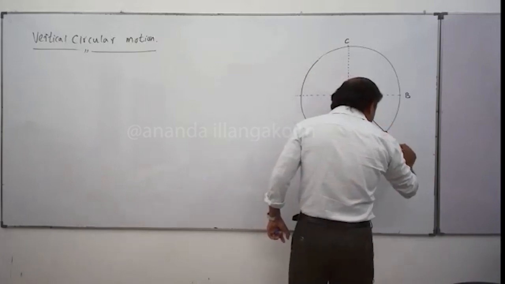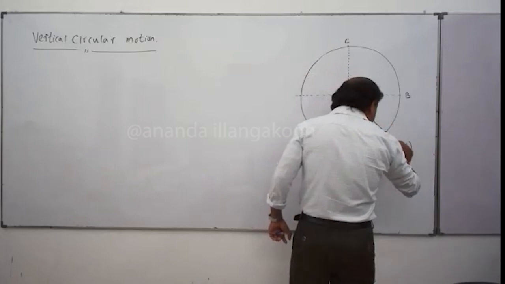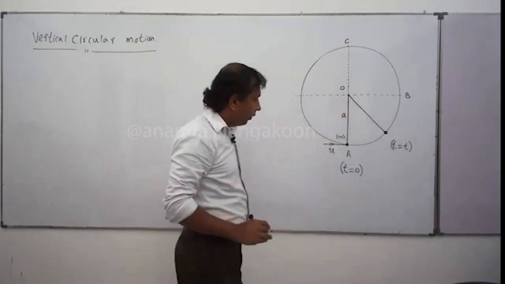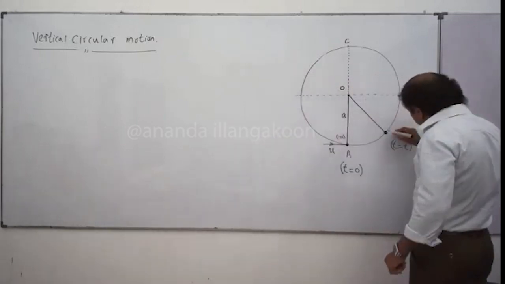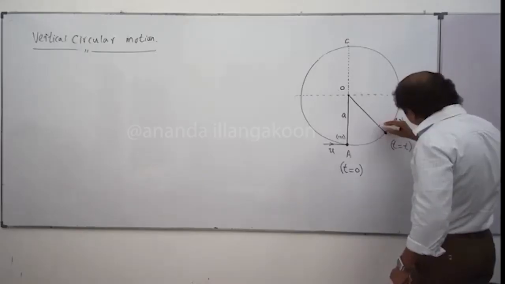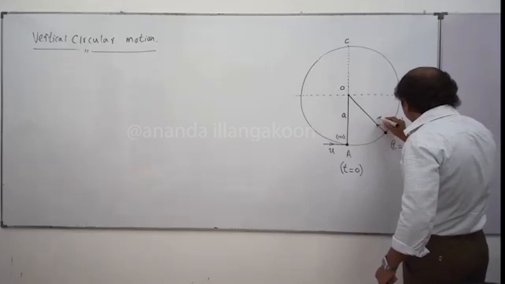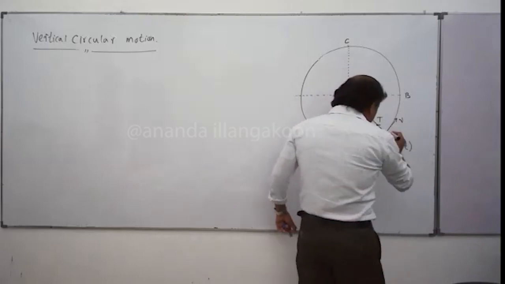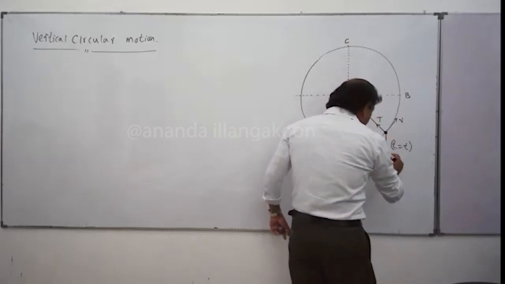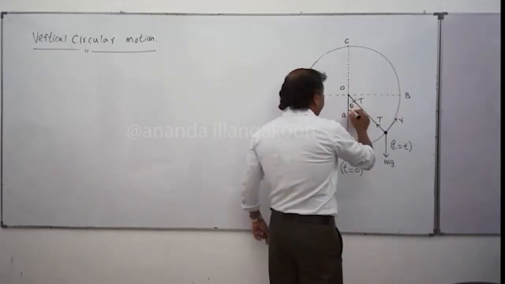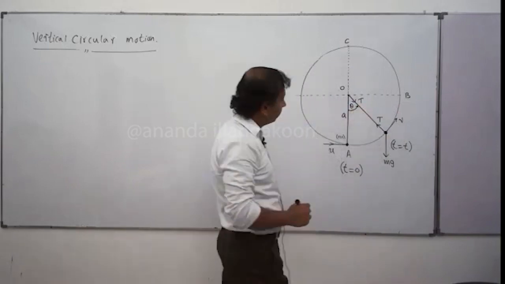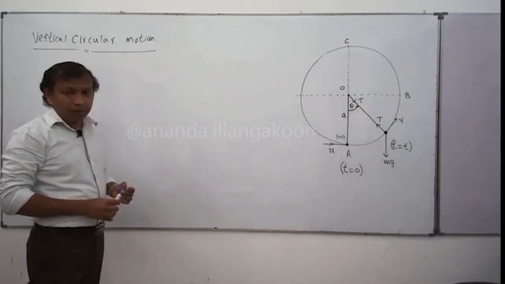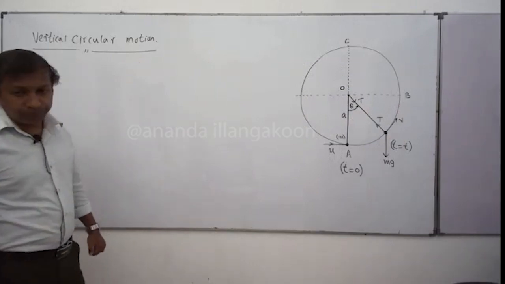On that occasion, suppose the velocity of the particle along the tangent is V, and the tension in the string is T. Weight is mg. So this angle will be theta. Now, this is the diagram.